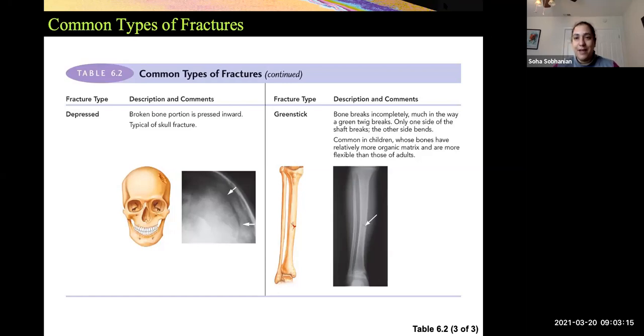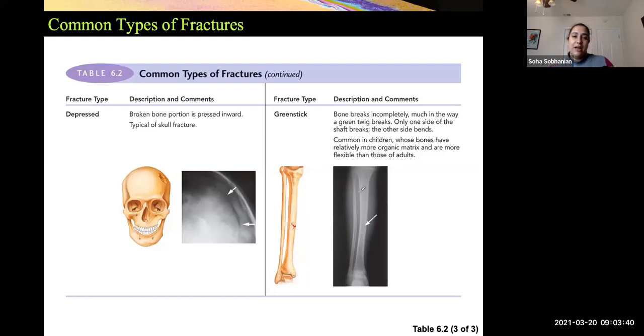The greenstick fracture, which, as the name implies, is kind of like when you try to break a green stick, it doesn't break completely. So right here you have a little fracture on the side, but the bone is not completely broken. It bends on the other side. So this is really common in children, guys.